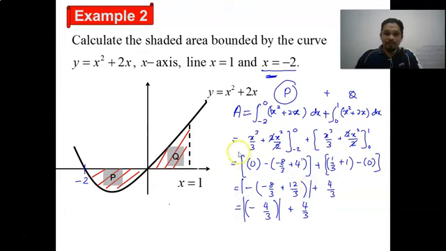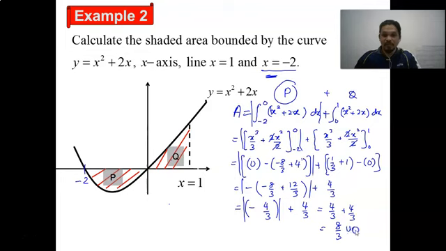Absolute values for P. There you go. Now the absolute value of -4/3 turns into positive. So 4/3 plus 4/3 equal to 8/3 units squared, because it's an area, so it's units squared.